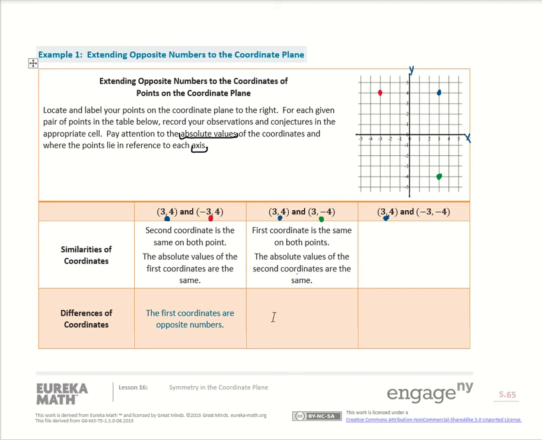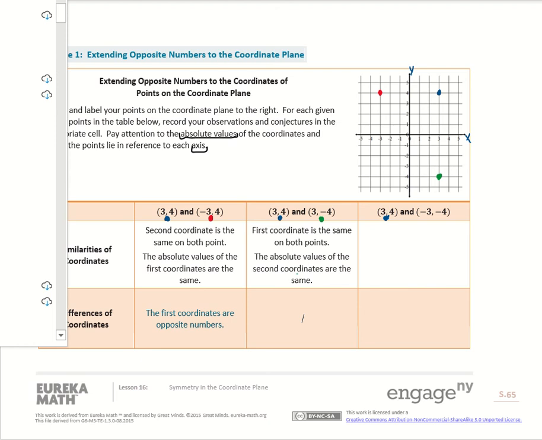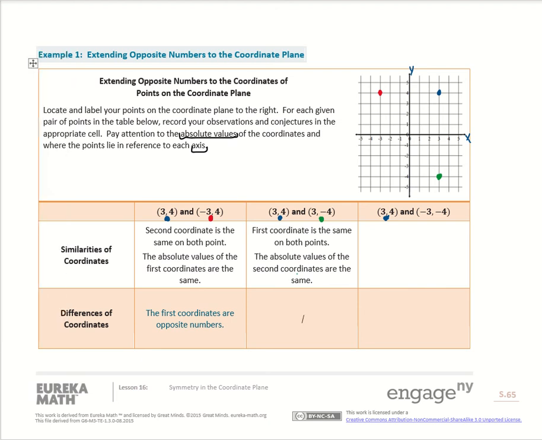If I want to talk about my differences now, I can say the second coordinates are opposite numbers, because 4 and -4 are both the same distance away from 0. They're both 4, that's what the absolute value told us. But they're in opposite directions. One goes up, the other goes down.